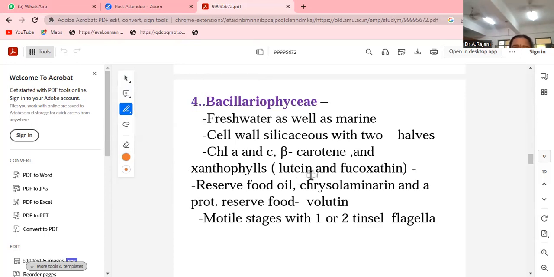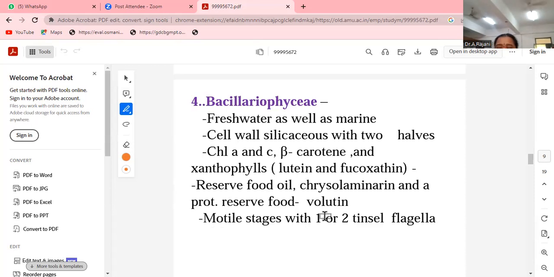Next, the reserve food materials here are oils and chrysolaminarin; volutin is also a reserve food material. Another very important character is that reproduction is in the diploid condition. Sexual reproduction is a special type.